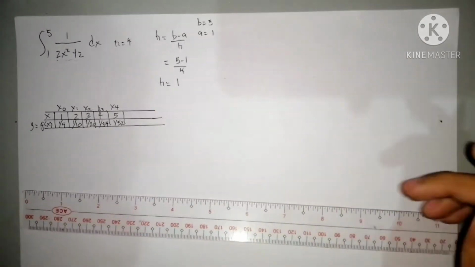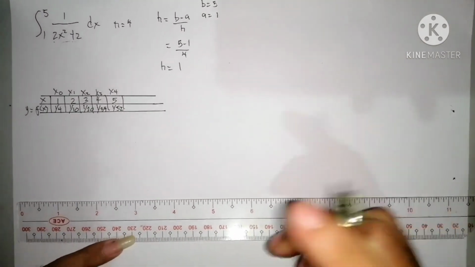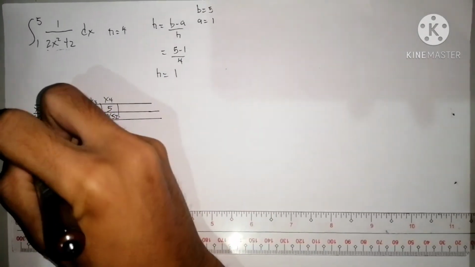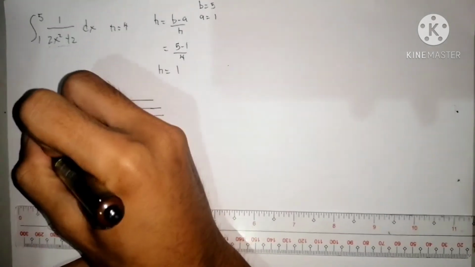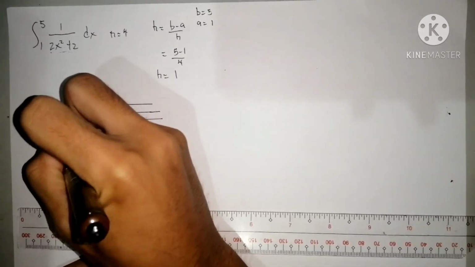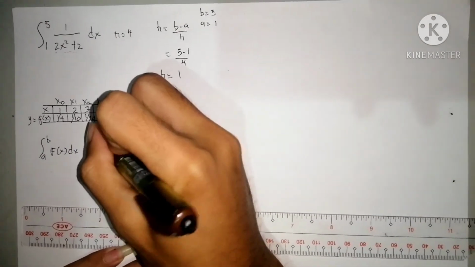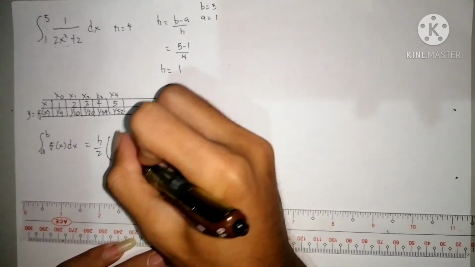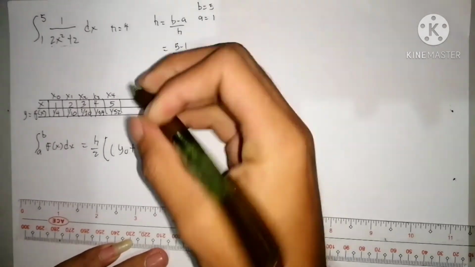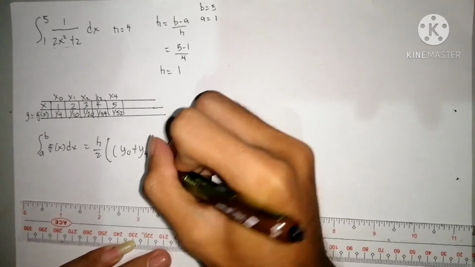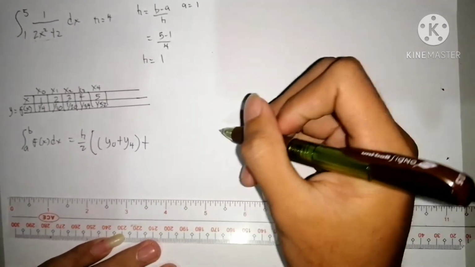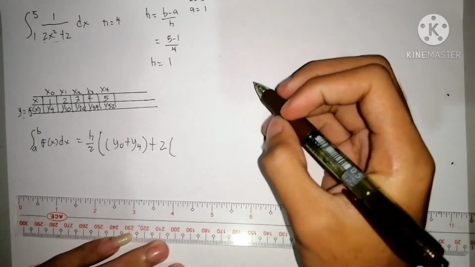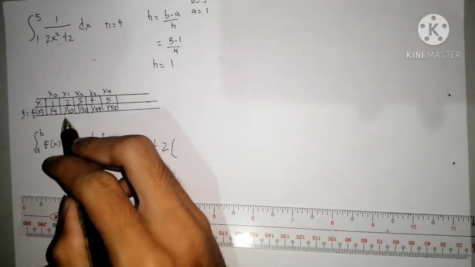Then the next thing that we need to do is to get the formula of the trapezoidal rule. The formula is the integral from a to b of f of x dx equals h over 2 multiplied by the quantity y sub 0 plus y sub 4, plus 2 multiplied by our inner terms.